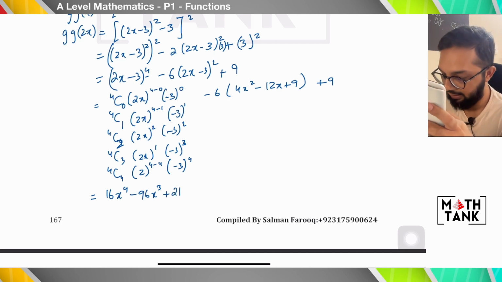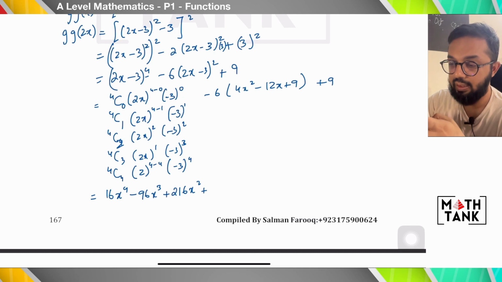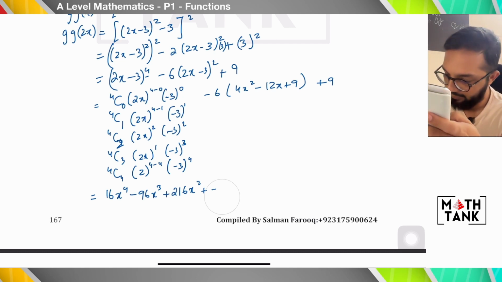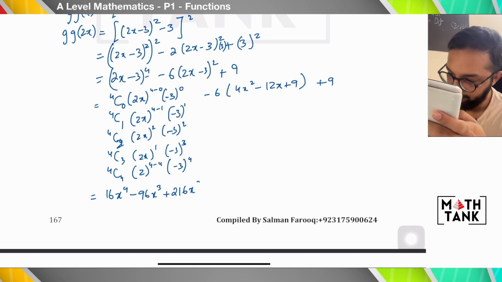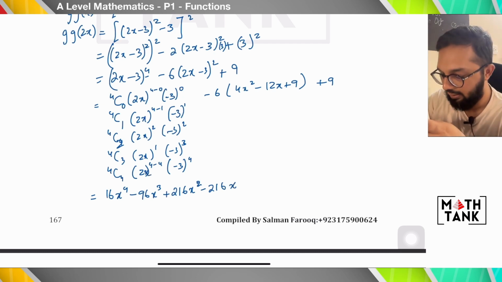Gives me 216x squared. 4c3 is 4 into 2 into 27 with a negative. It gives me minus 216. Minus 216x. There's an x here as well.